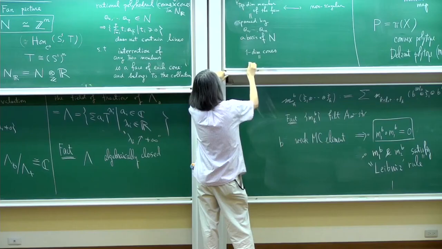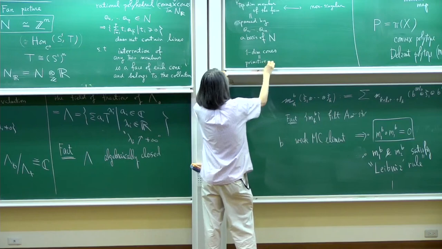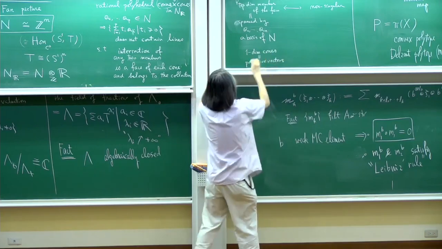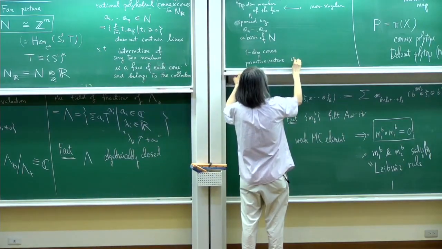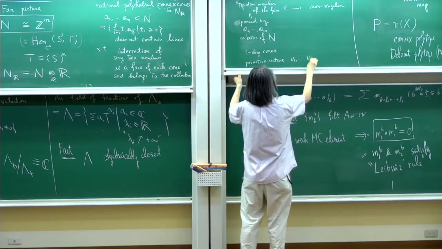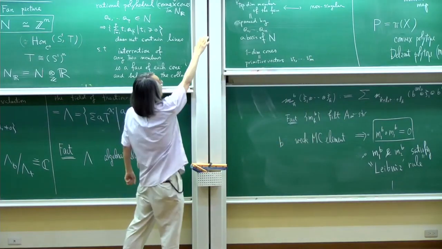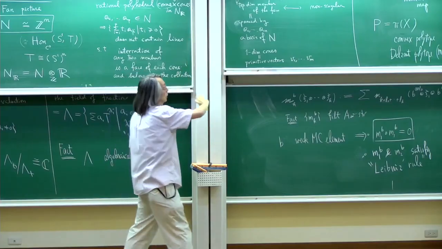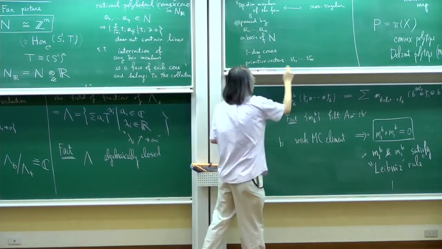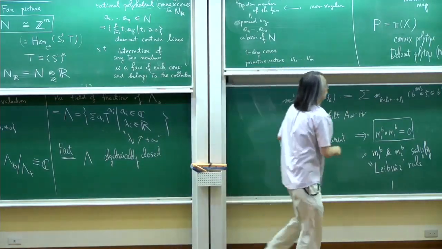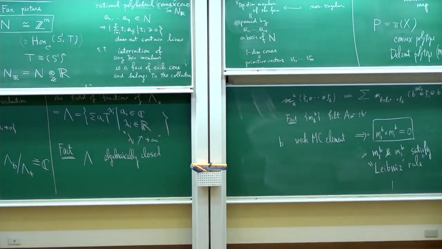So this corresponds to a certain primitive vector for each one-dimensional cone. So I consider the collection of all one-dimensional cones in the fan, and then take their primitive generators and call them v_1 to v_m. And these v_1 to v_m appear here. Okay? So this is the way. I think this is correct.